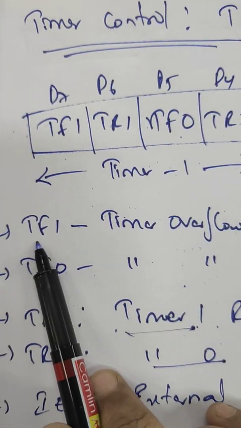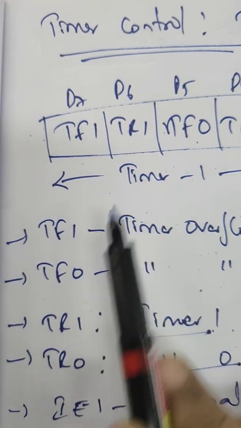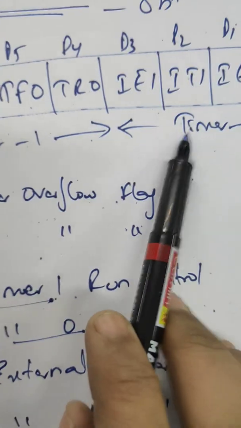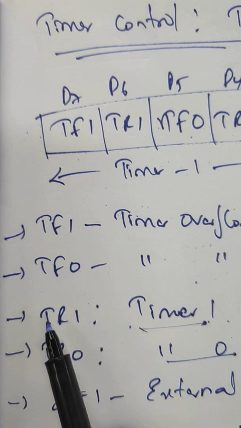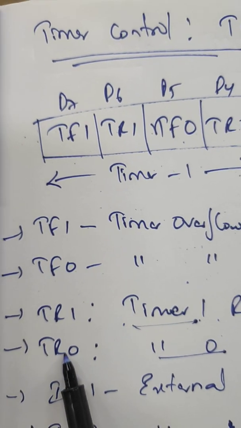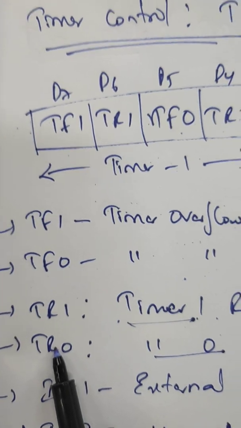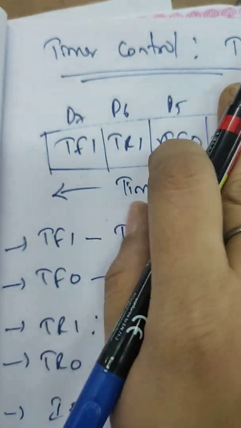As it is a timer overflow, TF1 will be set to 1 when overflow occurs at timer 1, and TF0 is set to 1 when overflow occurs at timer 0. Similarly, when you start timer 1, TR1 is set to 1. If timer 0 is going to be started or stopped, TR0 is set to 1. So both are dealing with the timers. That's why it is timer control. We are controlling the timers here.